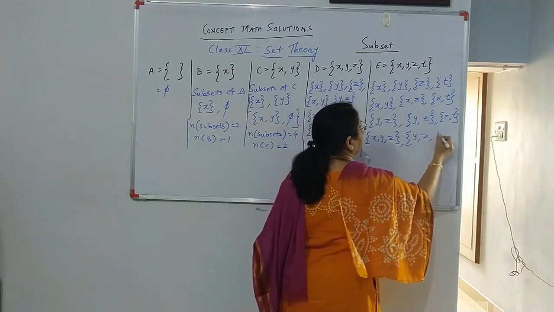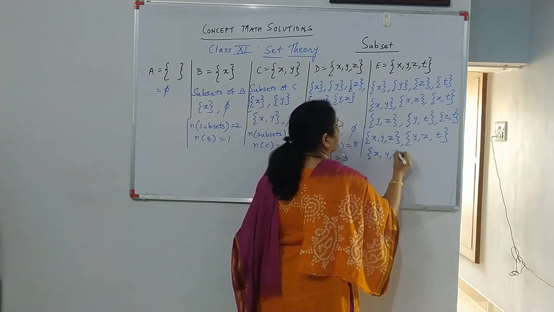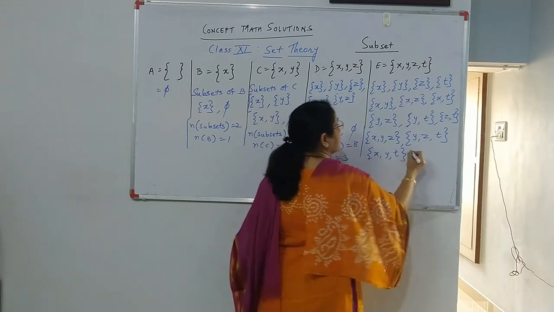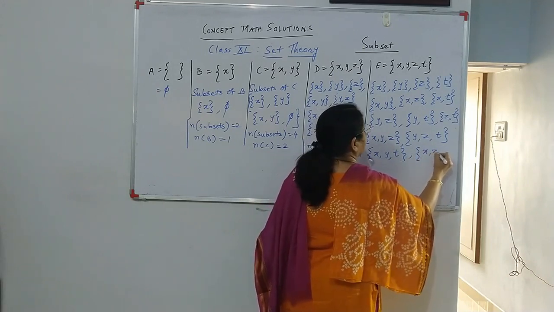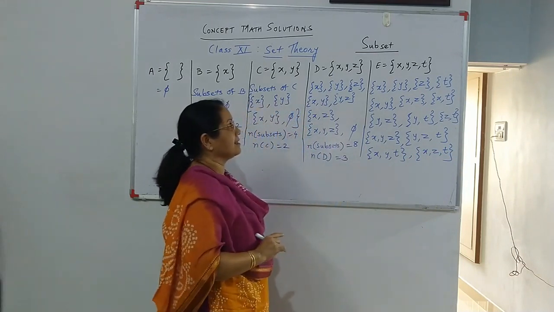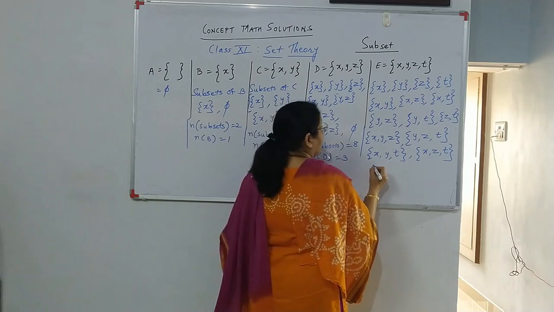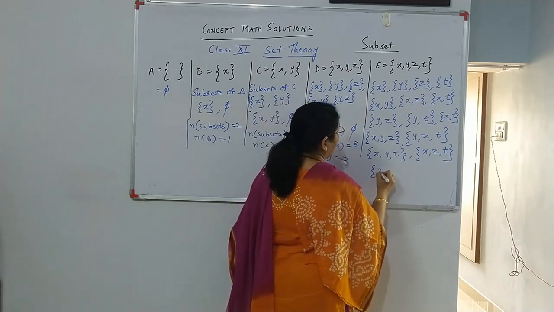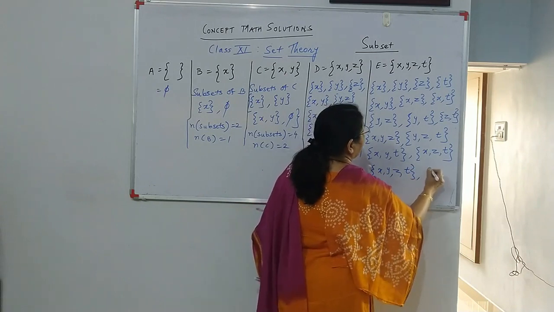So x, y, z. Go systematically so that you don't go wrong. Then y, z, t. Then x, y, t. Yes. Then x, z, t. Now I have all the 4, x, y, z, t, and then 5.